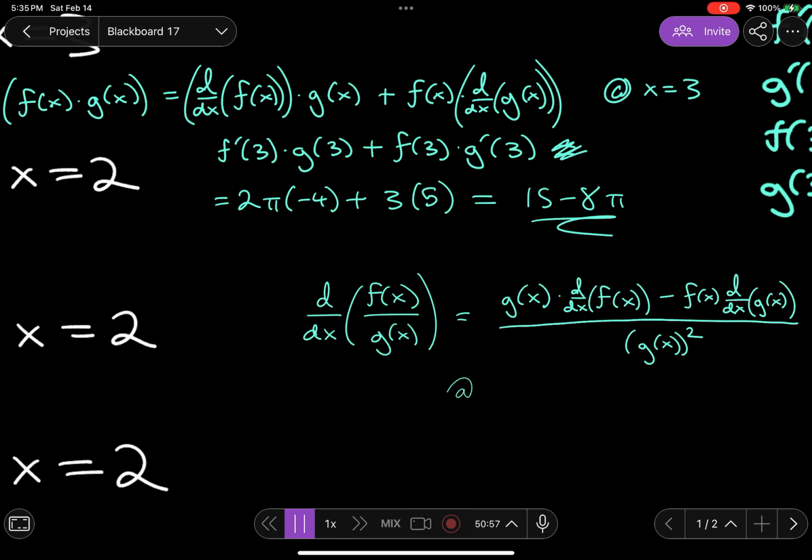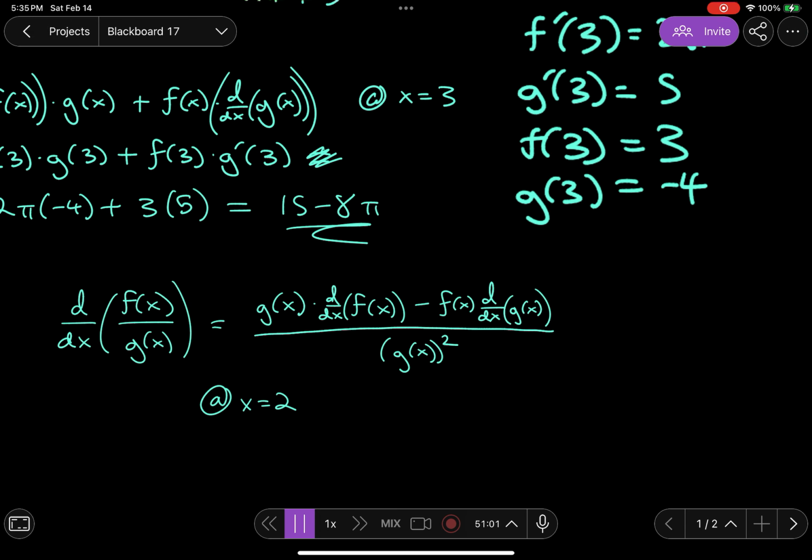But I want to evaluate this at x equals 2. So what I need is g of 2, f prime of 2, f of 2, g prime of 2, and we already have g of 2. Okay, so let's see what those values are.